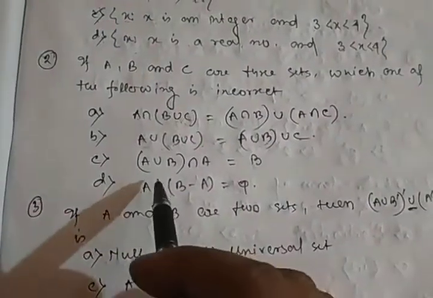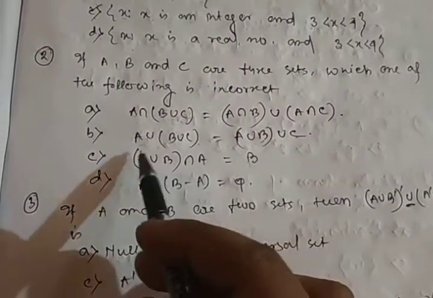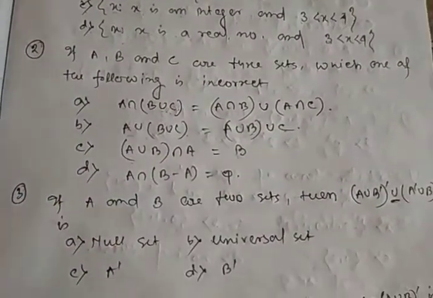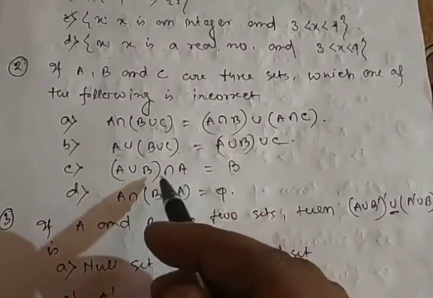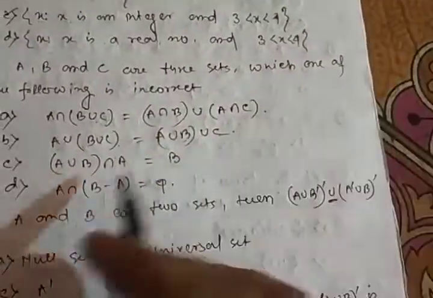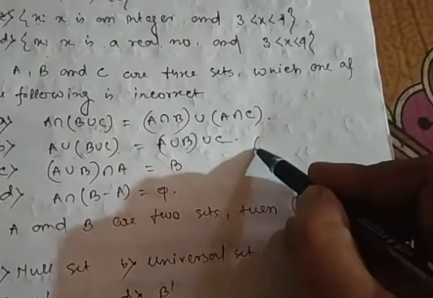Now for this set, A union B intersection A, it can be represented by the Venn diagram.